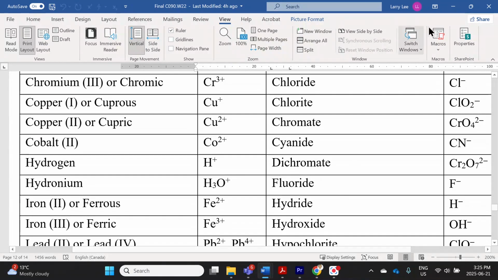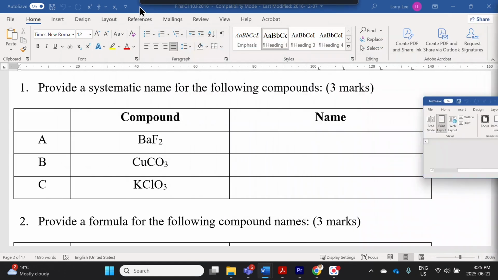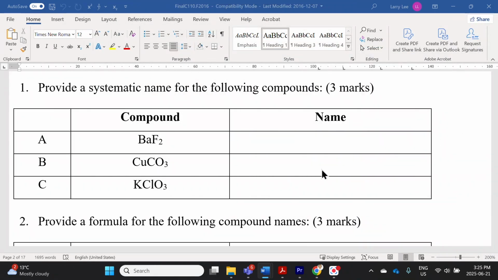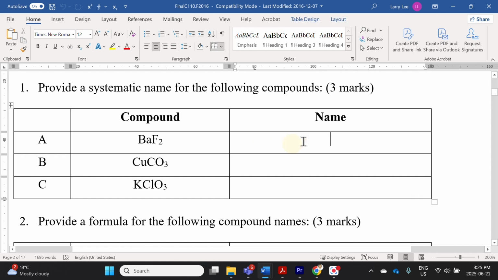There is fluoride. So when you're naming ionic compounds that are from the first column, group 1, group 2, or aluminum, they don't have any Roman numerals or multiplicity prefixes because there's only one way to name these compounds.